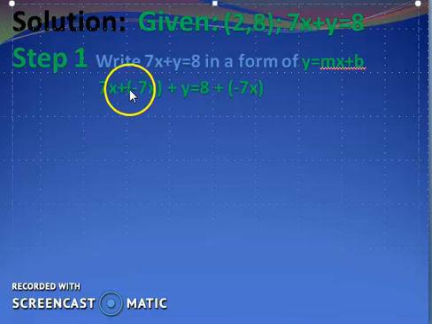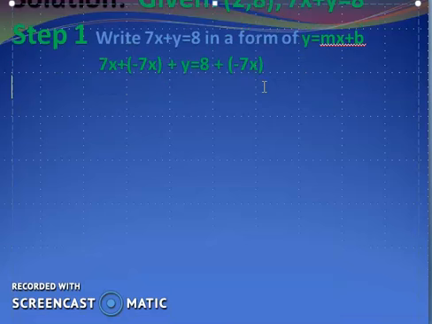Whatever you add to the left side, we need to add to the right side. So we can cancel 7x and negative 7x, and we will only have y on the left side.